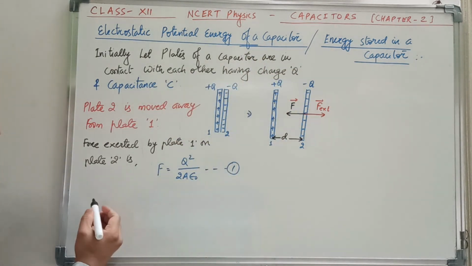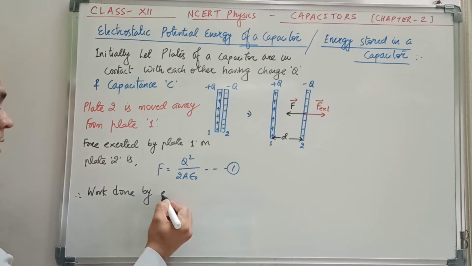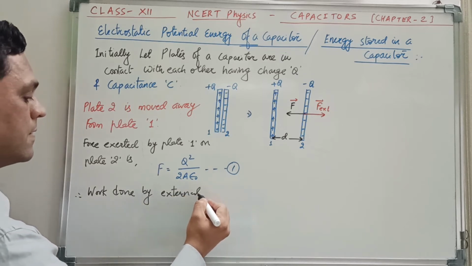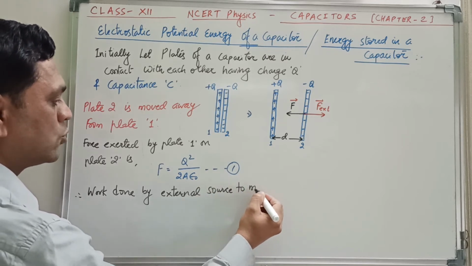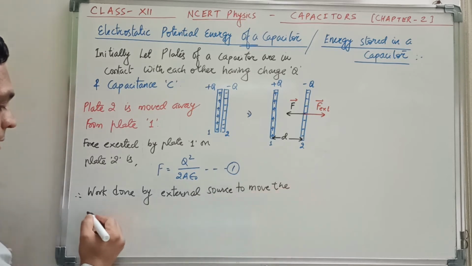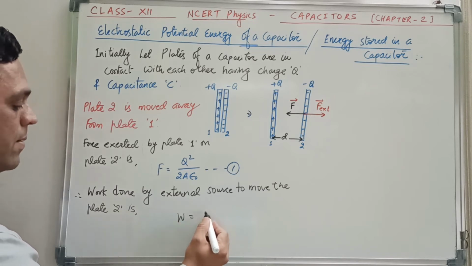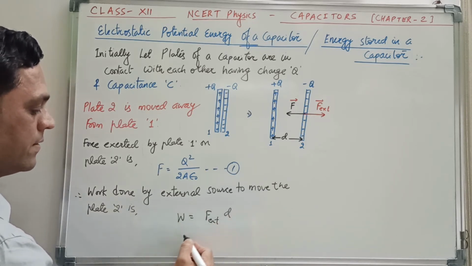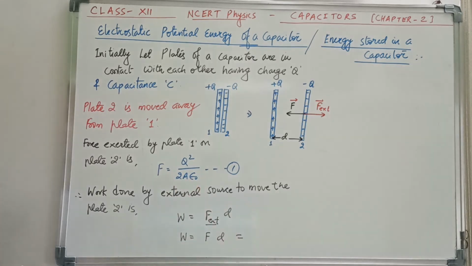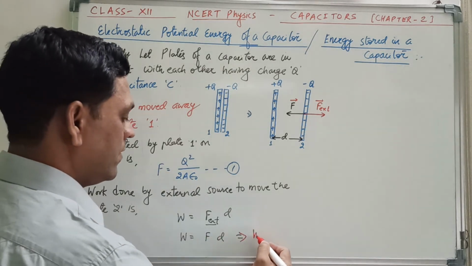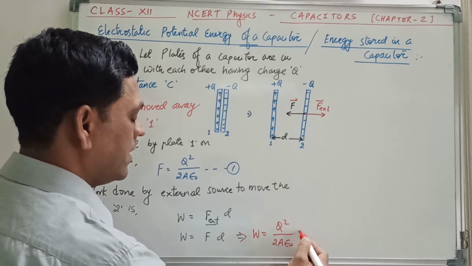Correct? So we write here, therefore work done by external source to move the plate 2 is, and that work done will be W is equal to F external into d. Since F external is always equal to F here, this will be Fd, and Fd will be equal to W is equal to Q square upon 2 epsilon 0 A into d.